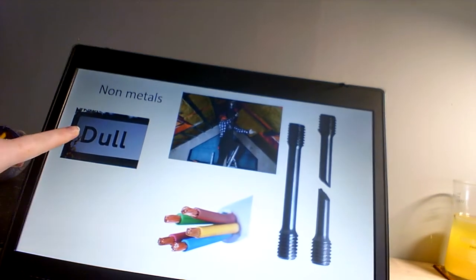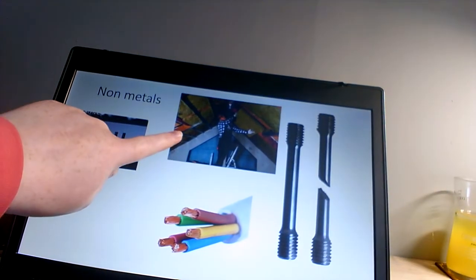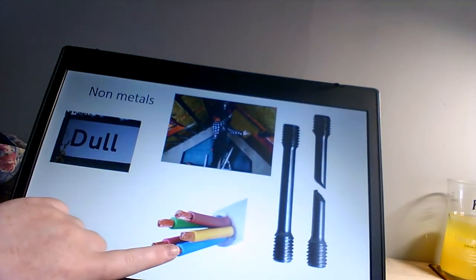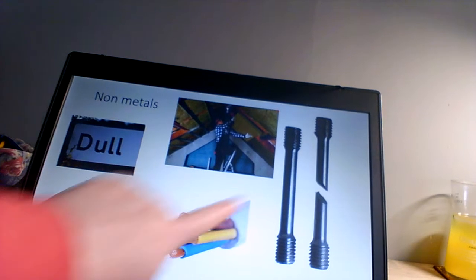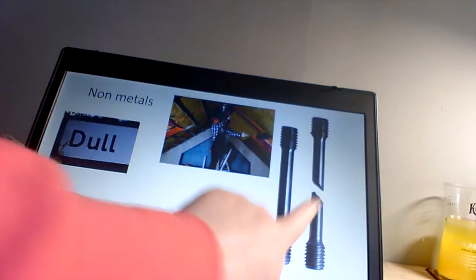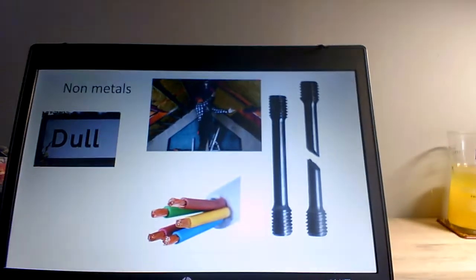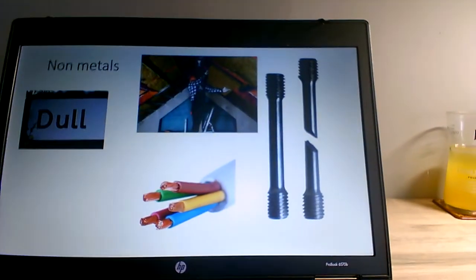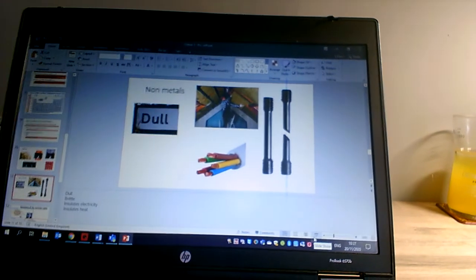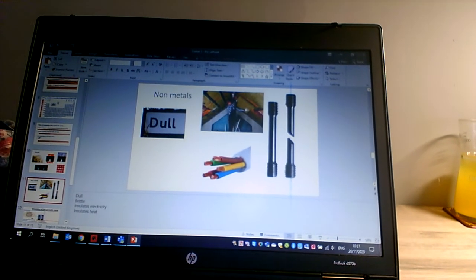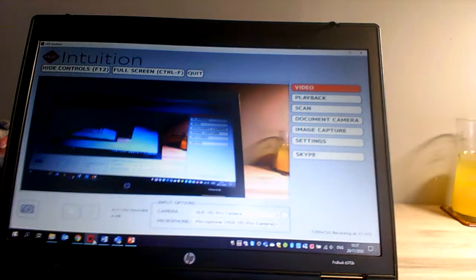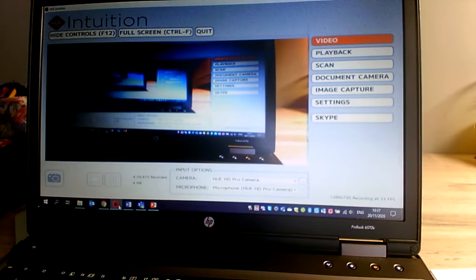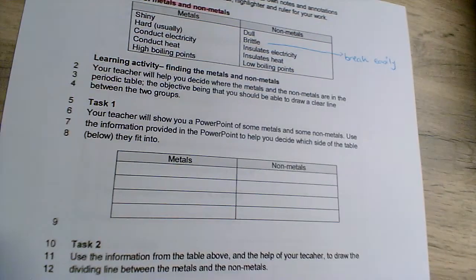And for the non-metals, they are dull, they insulate heat, insulate electricity, and they are brittle, i.e. they break easily. Just a few images to help you try and remember the difference between the metals and the non-metals and the properties of this. I will attach that, so apologies if you couldn't see it.